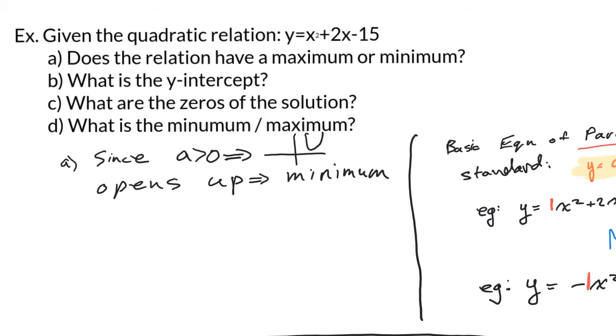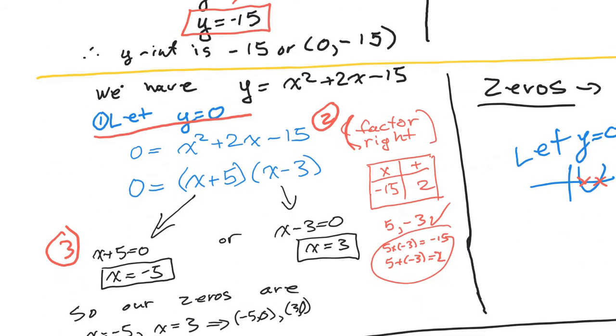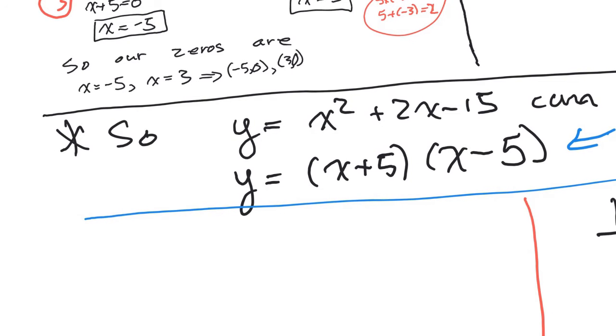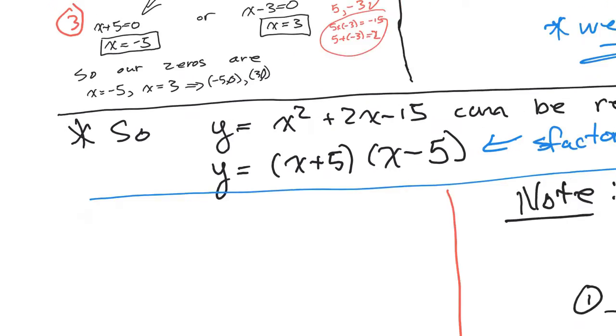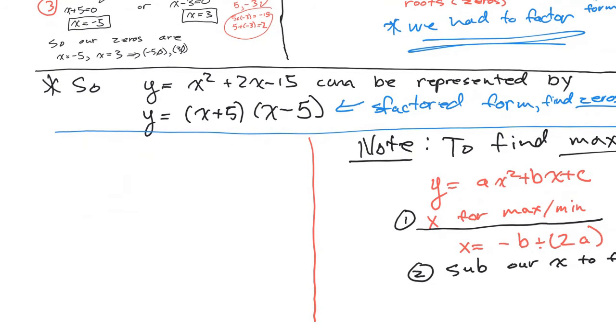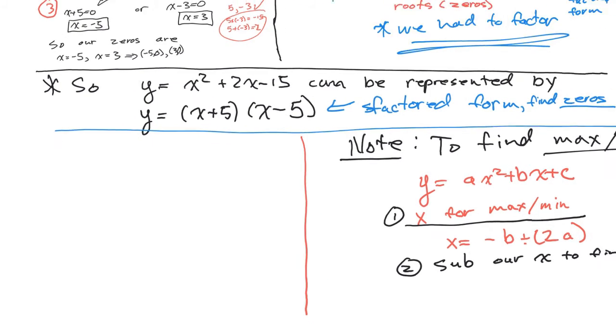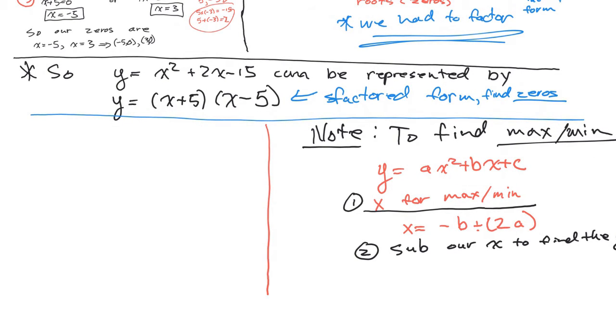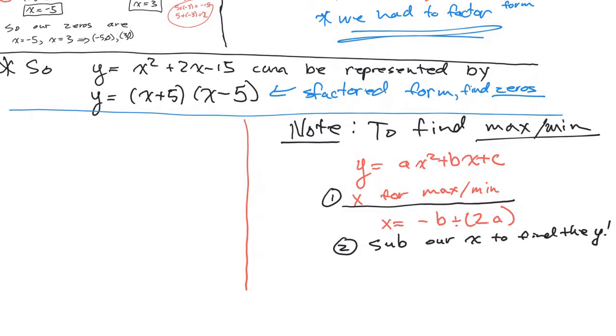So now let's go back down to our problem and we'll take a little breather and go over this again. In order to find the maximum or minimum, we have to sub in the x that we get from this calculation here.